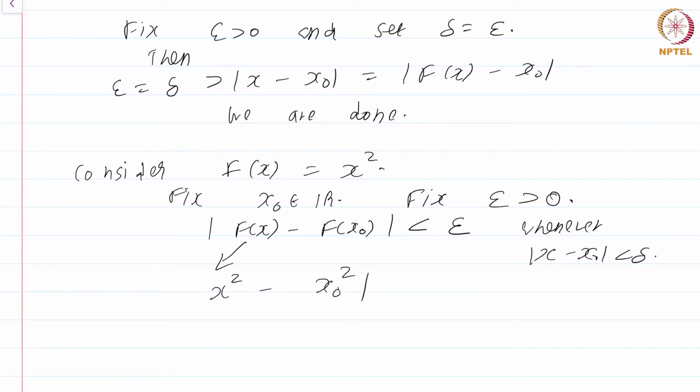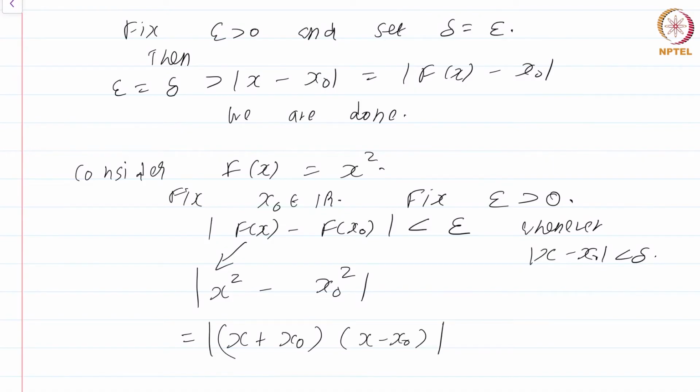So we have to somehow find a delta such that x squared minus x naught squared will be less than epsilon. But x squared minus x naught squared, I can write as x plus x naught into x minus x naught, the modulus of this.